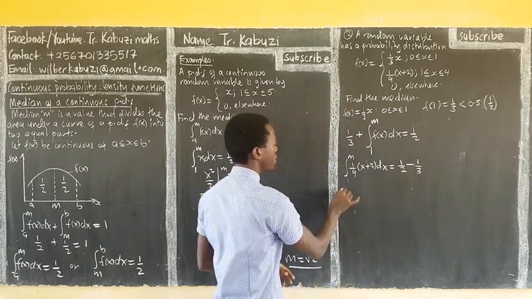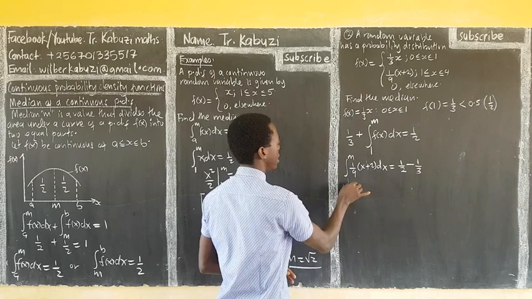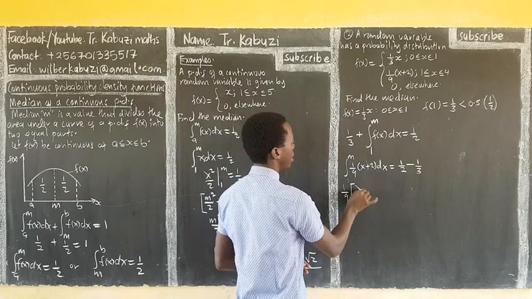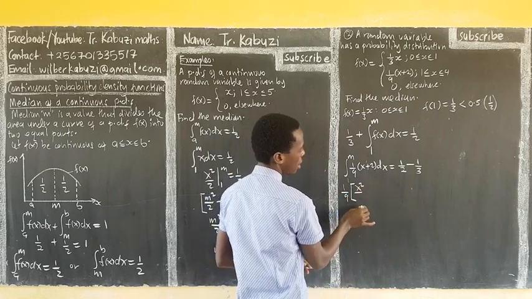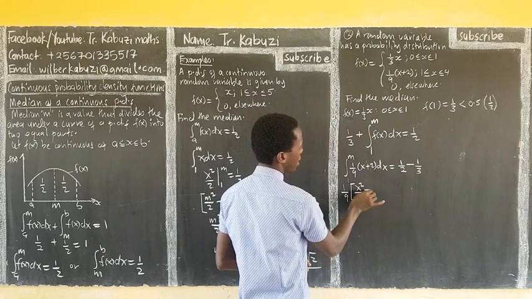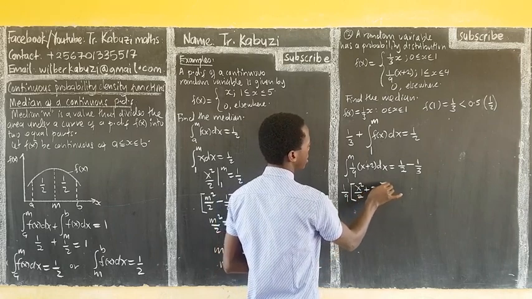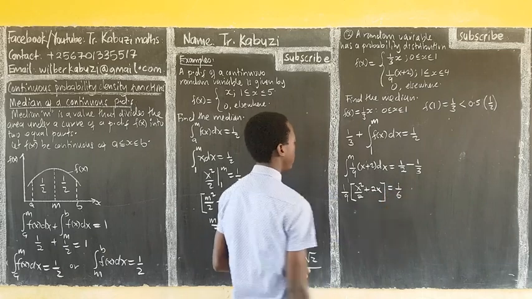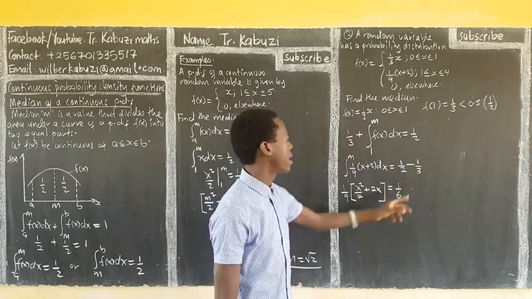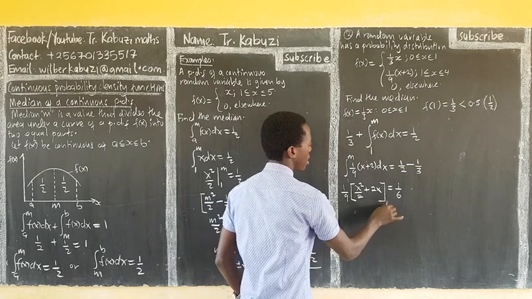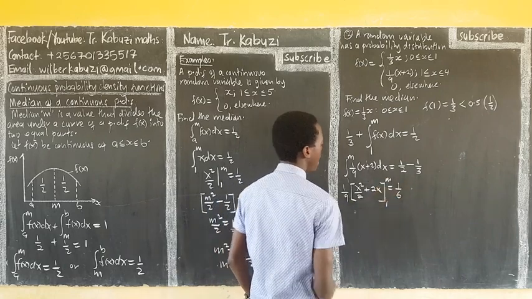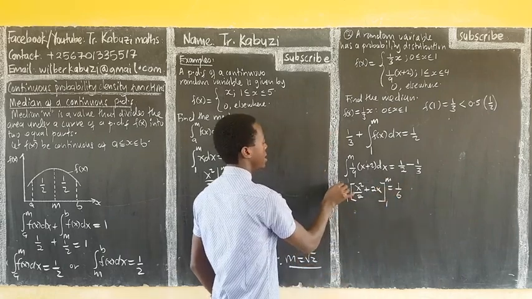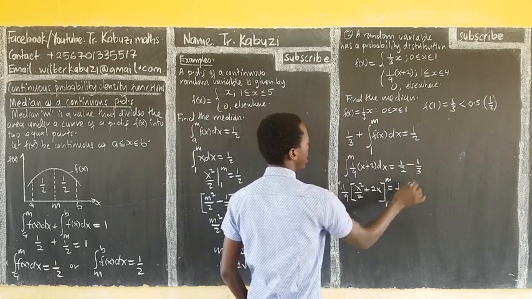Can you integrate? You have 1 over 9 into x squared over 2 plus 2x, equaling to 1 over 6. So we simplify that. Multiply through by 9 on this side, also by 9 on this side.